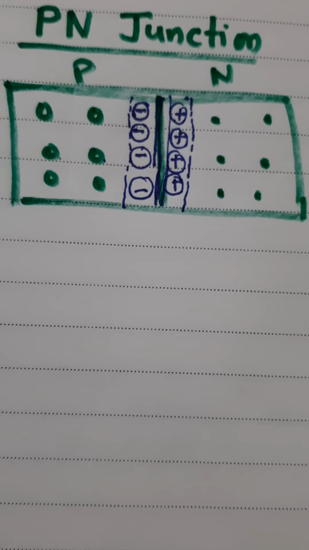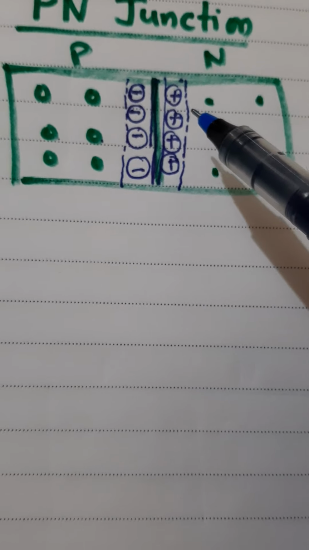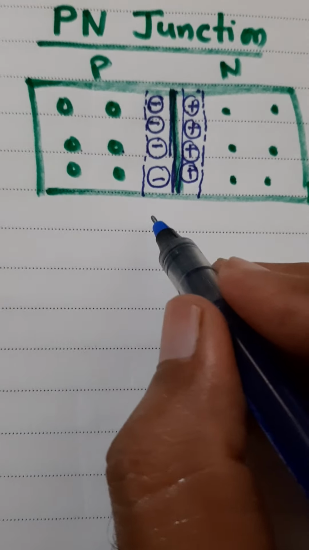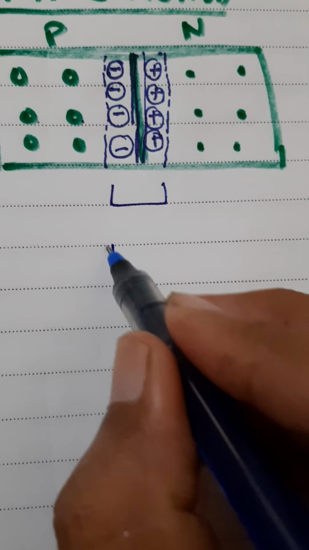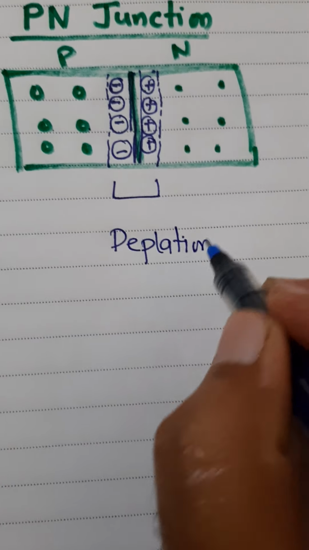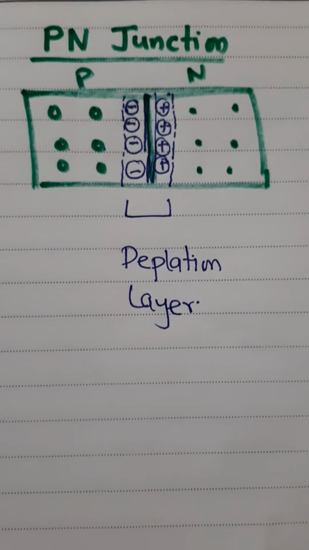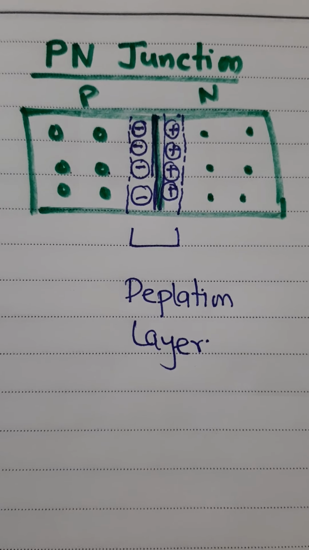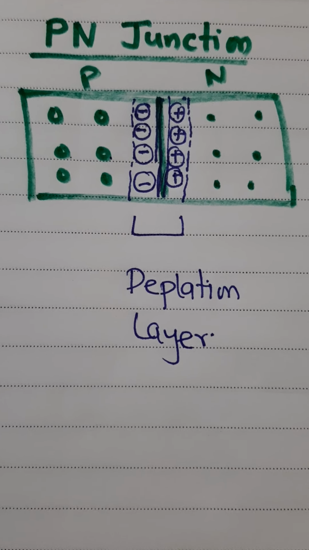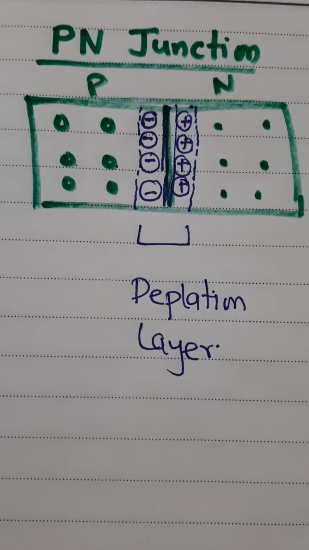It can extend or it can reduce, but ideally due to thermal agitation, this is the region near the boundary, and this region is called the depletion layer. So this is about the pn junction, and because of this thermal agitation, this region is made here, and this region is called the depletion layer.